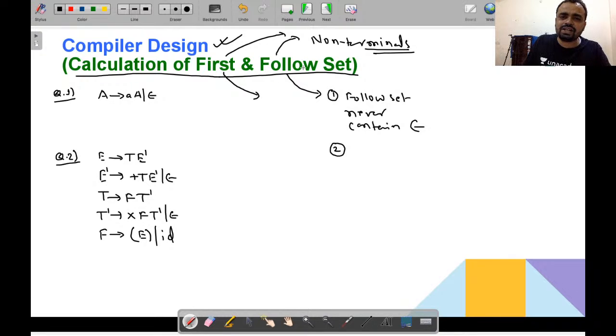The second thing is, जो इनिशियल मीन्स स्टार्ट सिंबल होता है ग्रामर का, स्टार्ट सिंबल का फॉलो ऑलवेज डॉलर होता है, ठीक है ना.